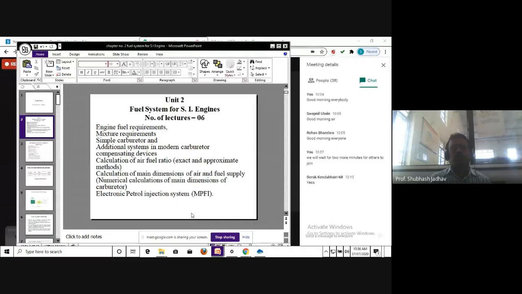This is a recent trend in the SI fuel injection or fuel induction system, whatever we call it. So that was what we are supposed to discuss in chapter number 2, that is unit number 2.